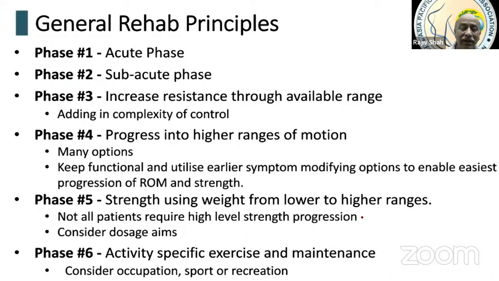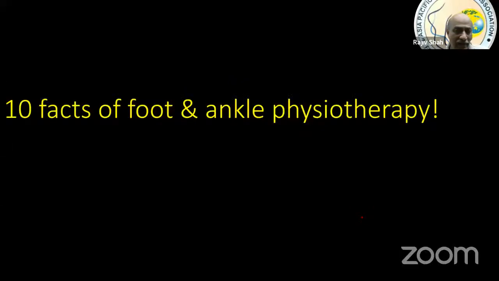Then you progress to the higher ranges of motion, then you start strengthening. The last phase of physiotherapy is activity specific exercise. If the patient is a sportsman, he has to go back to all sporting activities. If the patient is a heavy laborer, he has to go back to his activities of daily living.